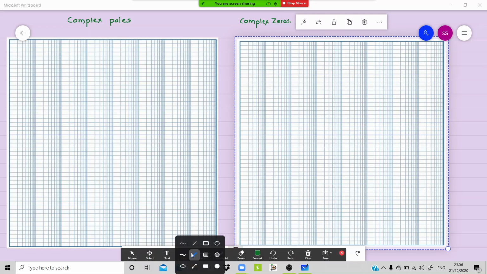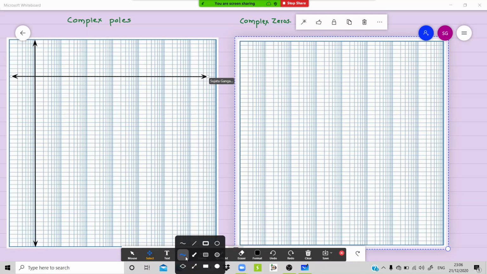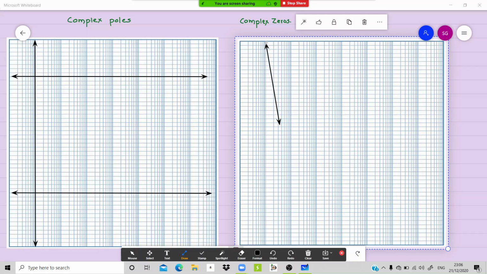Okay. So let me draw the axis. Okay. So this is the magnitude plot.